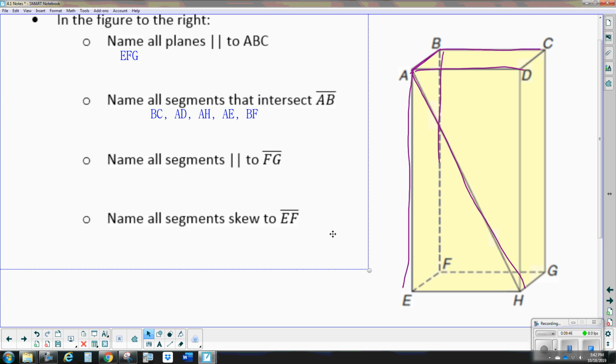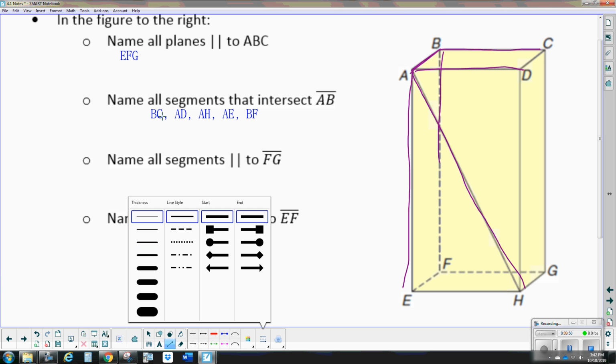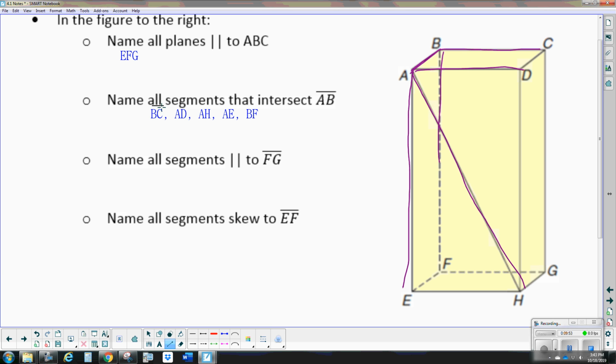Okay, and then don't forget your segment markings. All of these you should have segment markings above. And then you can either use a different color or erase your markings.